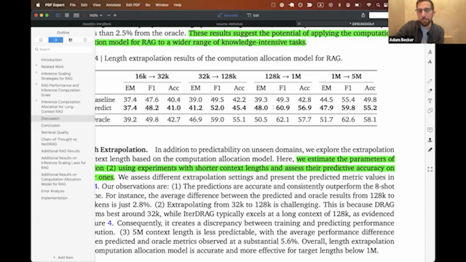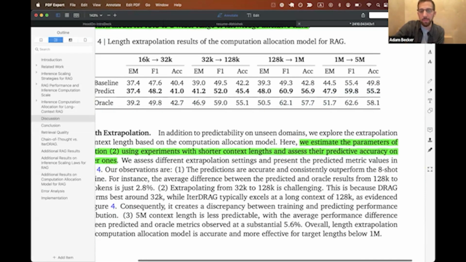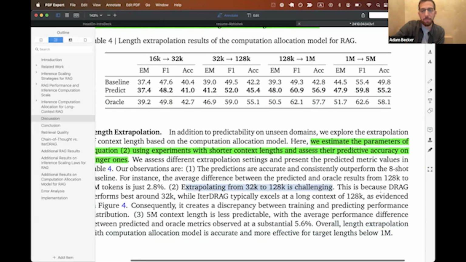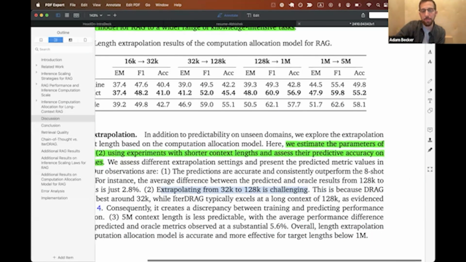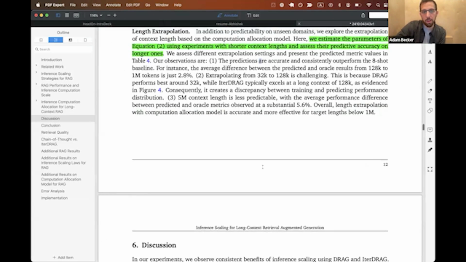Let's see, 48 versus 50. 1 million to 5 million, not good, right? So they're saying, okay, we'll just keep it below 1 million. That should be good. But extrapolating from 32K to 128K is challenging because, as you saw before, DRAG performs best around 32K. Iter-DRAG excels at long context, so we almost have a phase transition here. So that's how they're trying to model the length.